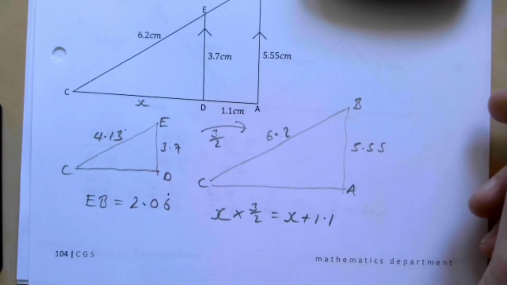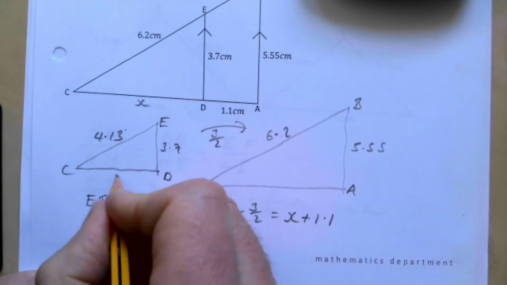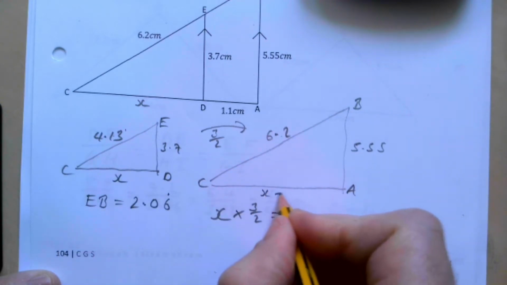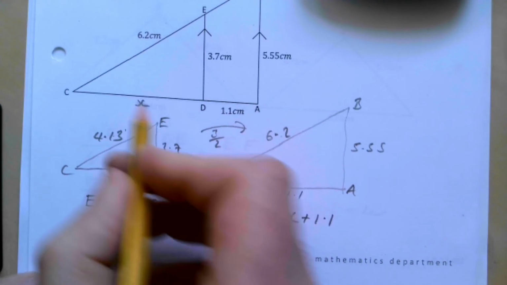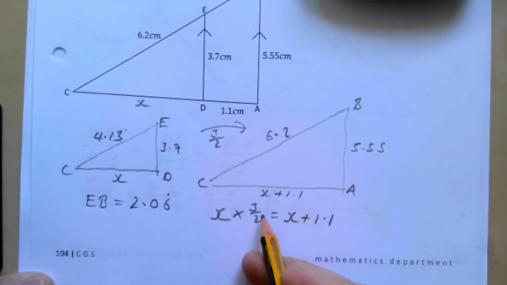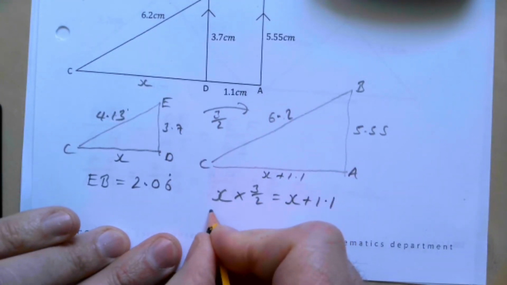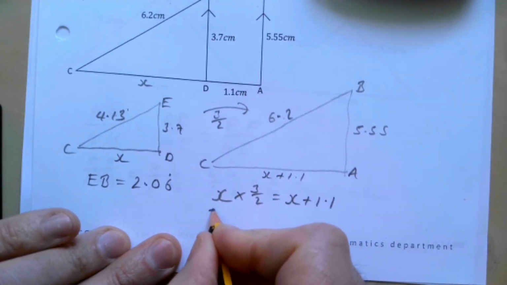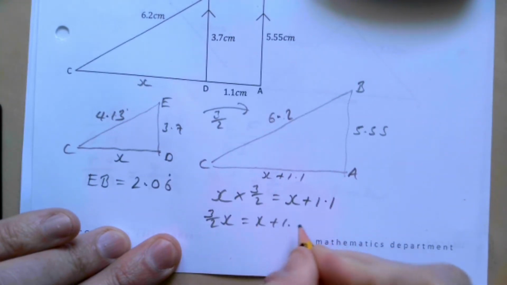I hope you can see what I've managed to do there. So what have I done? The wee one here we've called X, and then we know this is X plus 1.1 because this is our wee distance here. And so whatever number it is, once you times it by 1.5, you end up with that. So that's 1.5x if you want to write it like that. 3/2x equals x plus 1.1.